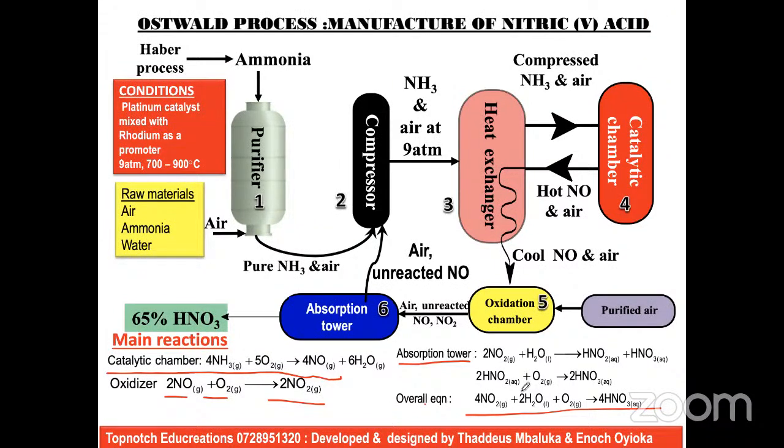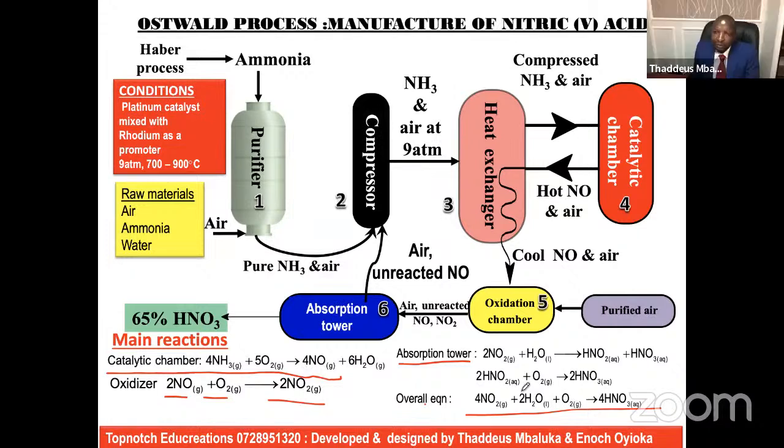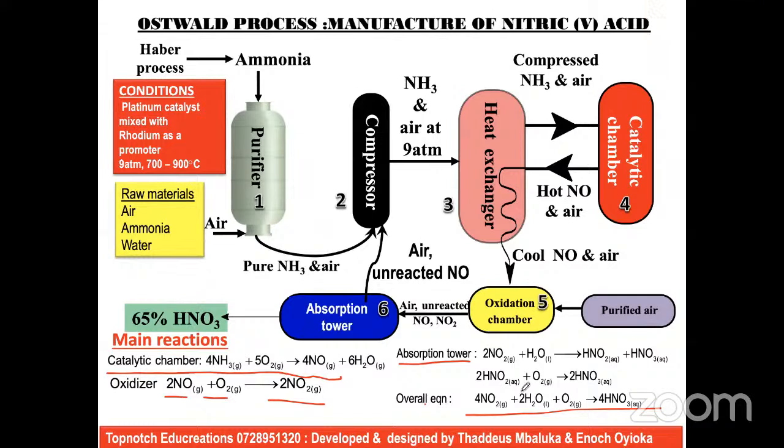I wanted to give a suggestion as to why those lines are wavy. If we look from the catalytic chamber, there is hot nitrogen oxide and air, whereas after the heat exchanger, there is cool nitrogen oxide and air. So the wavy lines represent an increase in surface area to lose heat, in order for the hot nitrogen oxide and air to become cool.